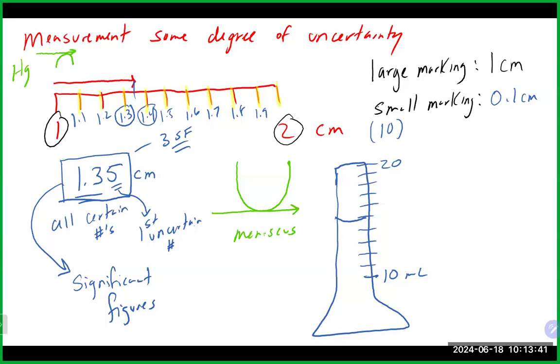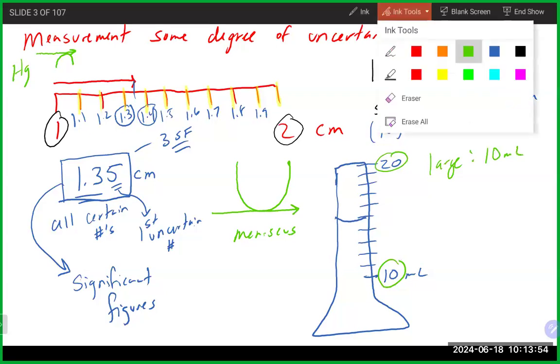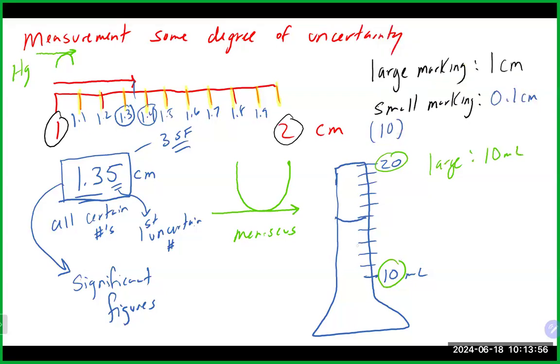So we still want to do really the same thing here. We want to look at our large scale, which in this case, our large markings are going to be 10 milliliters. Once again, we want to count up how many small markings there are between. So starting after that last large marking, 1, 2, 3, 4, 5, 6, 7, 8, 9, and 10.